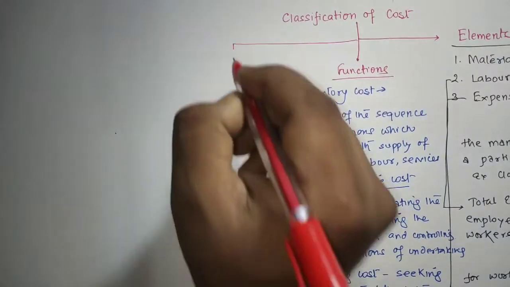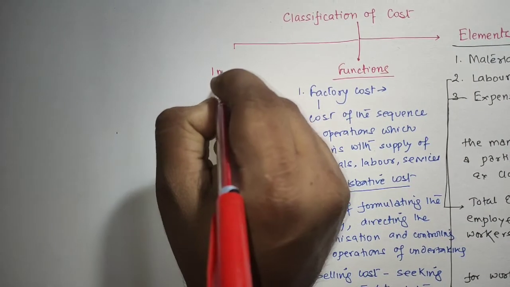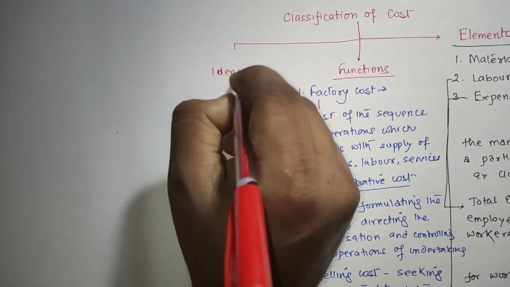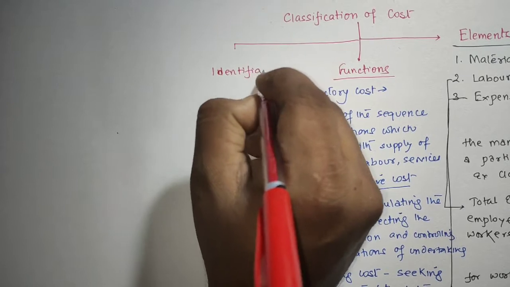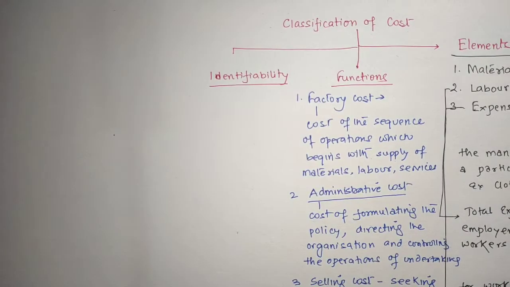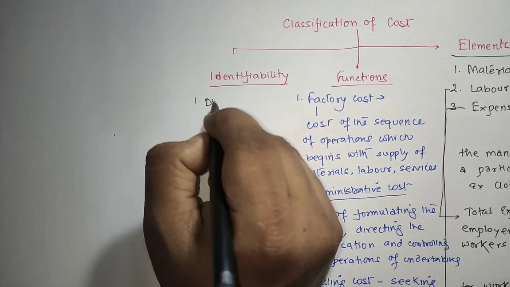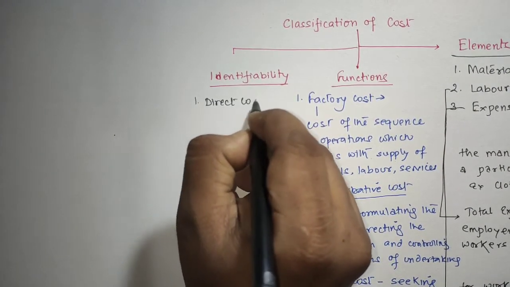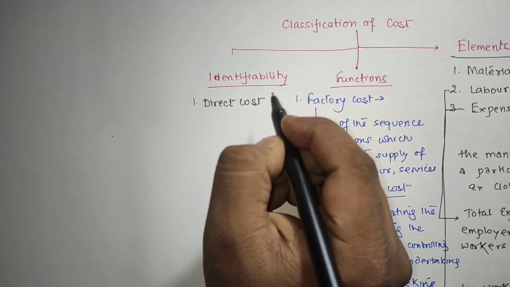Then on the basis of identifiability, we break up the cost into two. First is direct cost. What is direct cost?